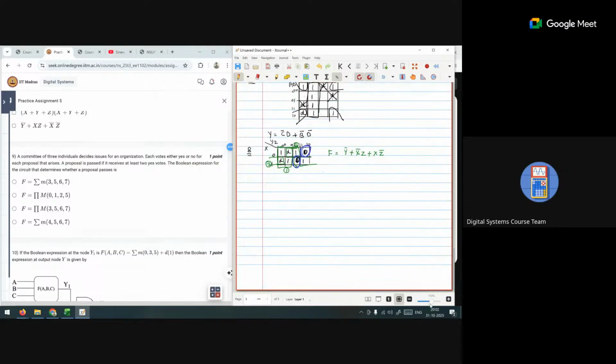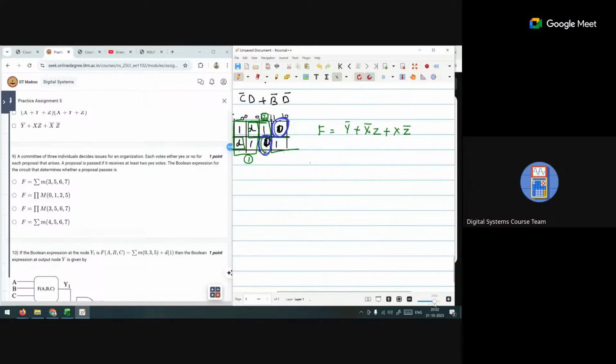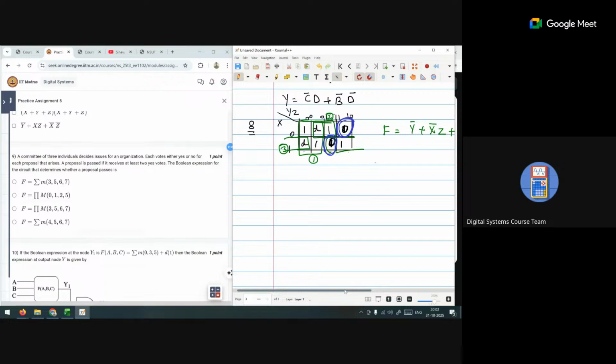Now the question number 9. The question is the same, just a little different in language. A committee of 3 individuals decides issues of an organization. Each votes either yes or no. That means we have 3 individuals A, B, C, and either they give 1 or 0.